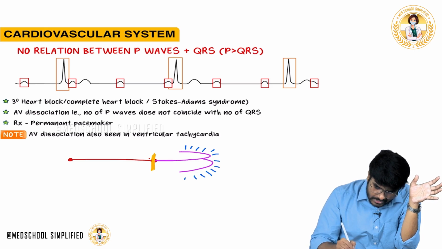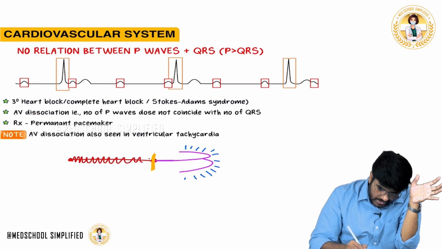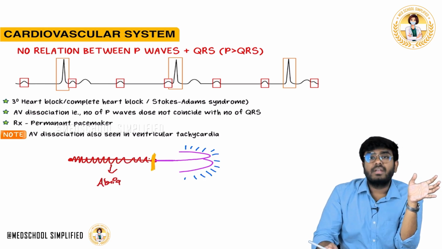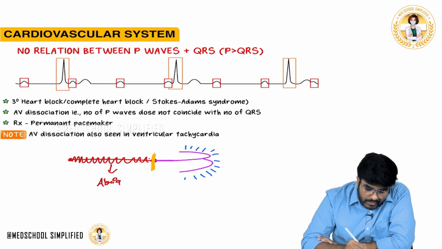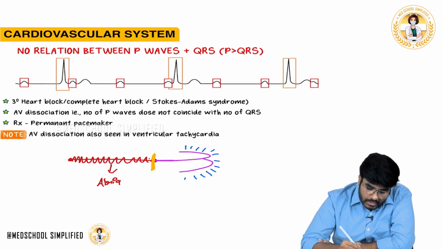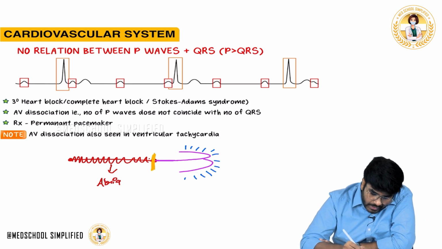So now what happens? The impulses coming from the SA node will control the atria. Now there is a block, the AV node is not functioning. The bundle of His can generate action potentials of almost 40 beats per minute, and it is going to control the ventricles.